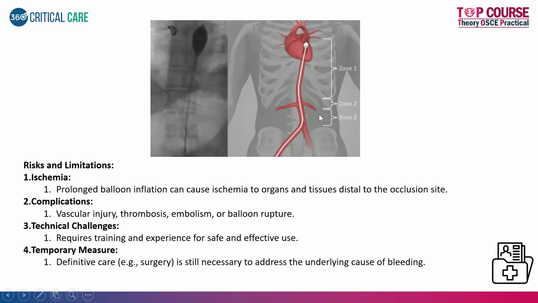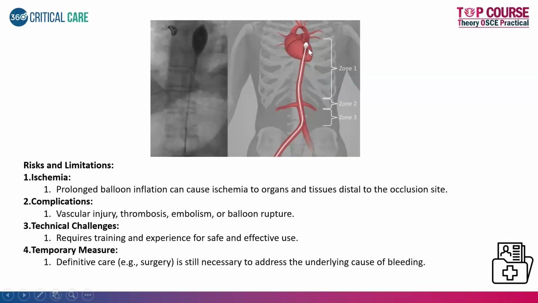Zone 2, you shouldn't do it because you're directly going to affect the blood supply to the kidneys. Zone 1 you can use, but the time is only up to 60 minutes. Zone 3, you can go up to 90 minutes.